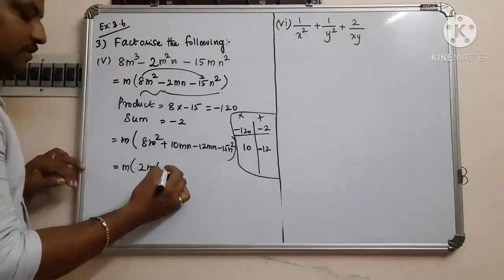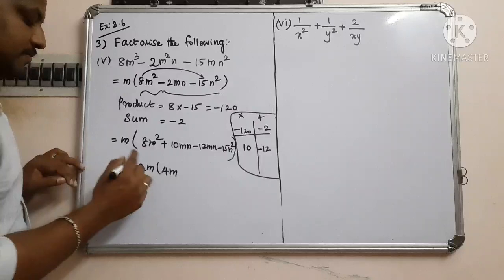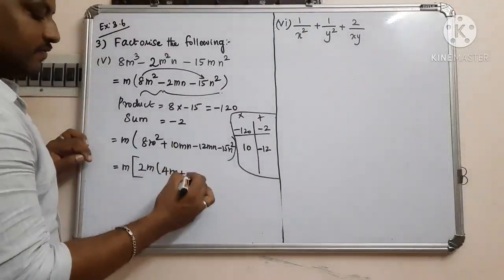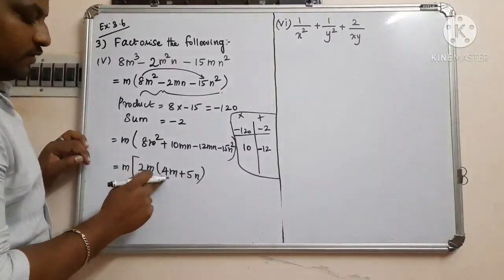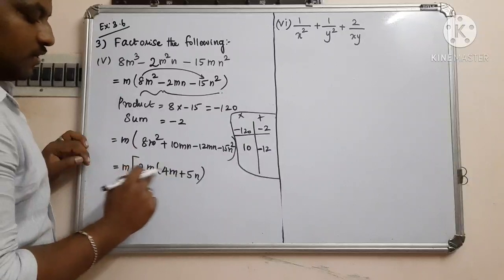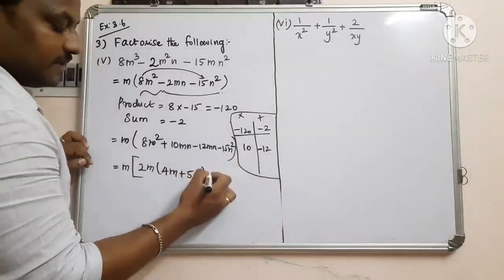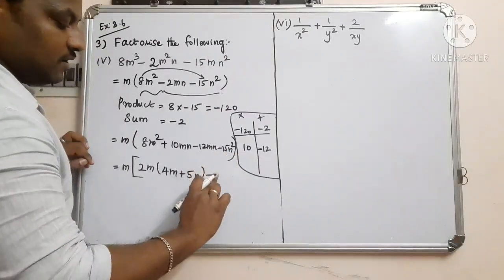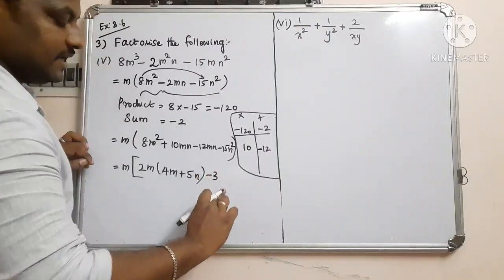Remaining 4m plus 5n: 2 into 4 is 8, m into m is m square, 2 into 5 is 10, m into n is mn. Here both are minus, so we can take minus as common. What is the common term? 3, we can take 3n as common.